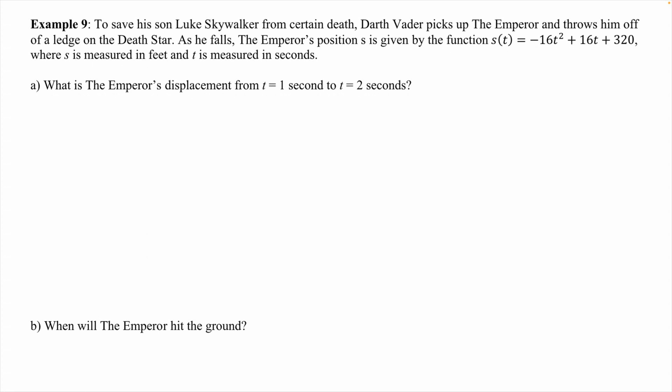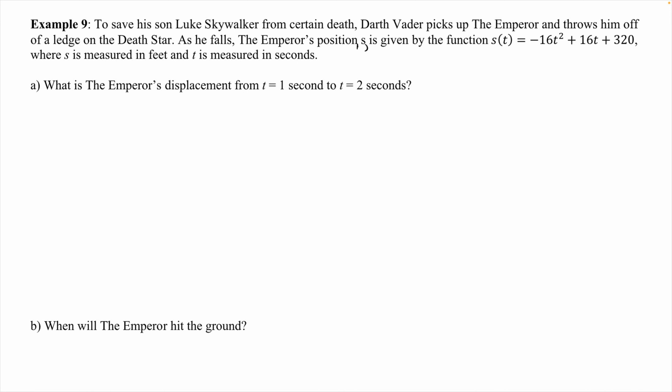As he falls, the Emperor's position, s, is given by the function s of t, where s is measured in feet and t is measured in seconds.